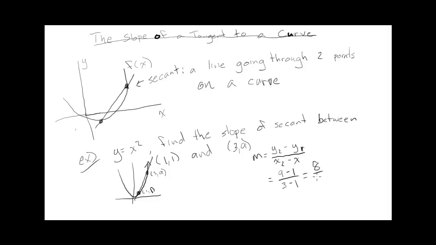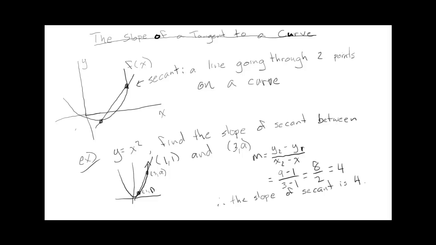So 8 over 2. So the slope of this line, this secant, therefore the slope of the secant is 4. Okay, so that's slope of a secant.